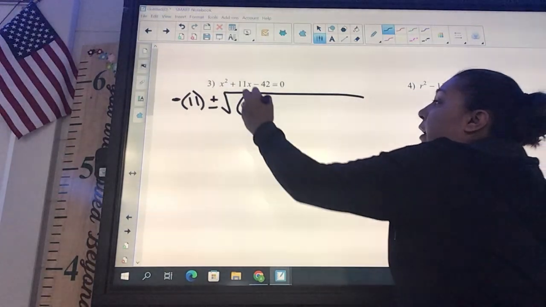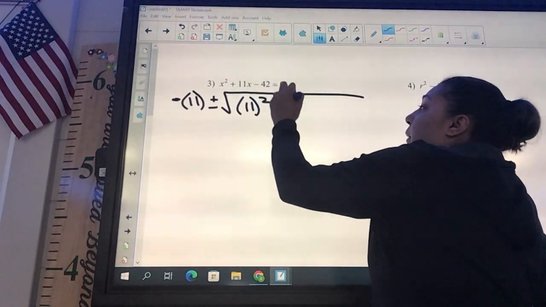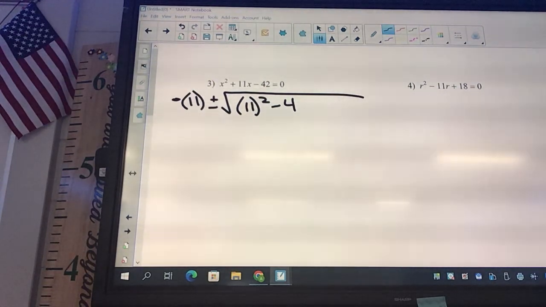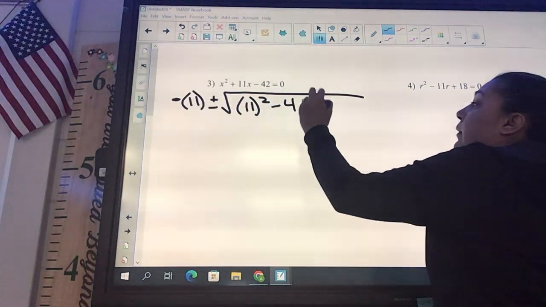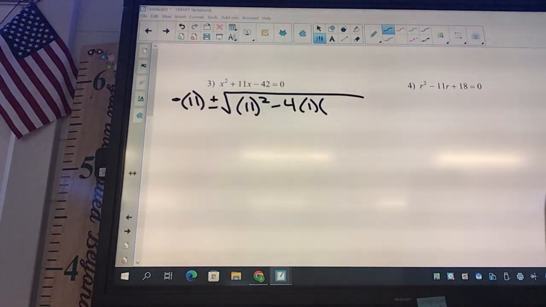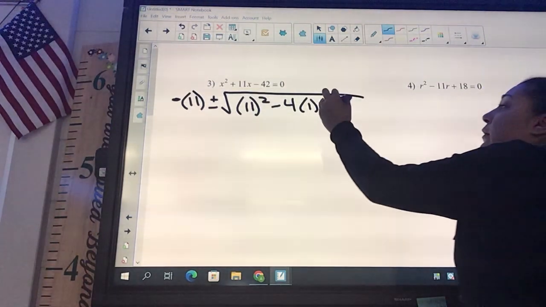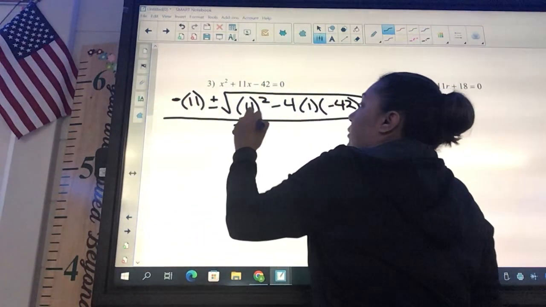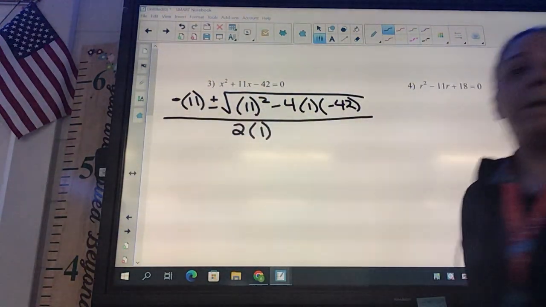Okay, same thing. We're going to 11 squared minus 4 times our A. What's our A? 1 times our C, -42. Everything over 2A, which is 1.